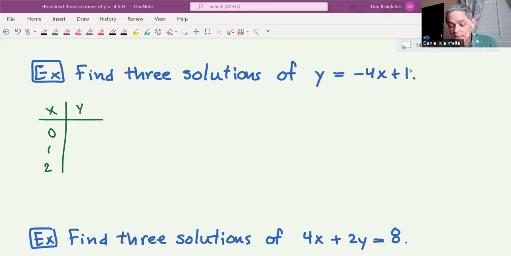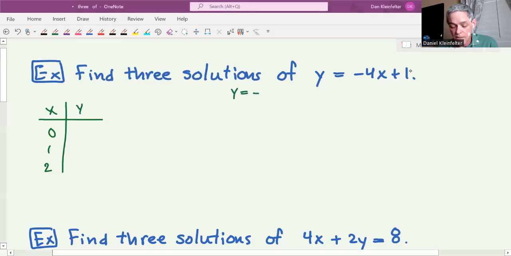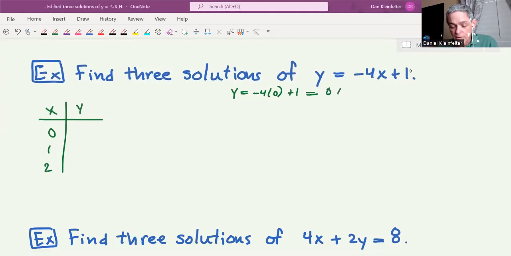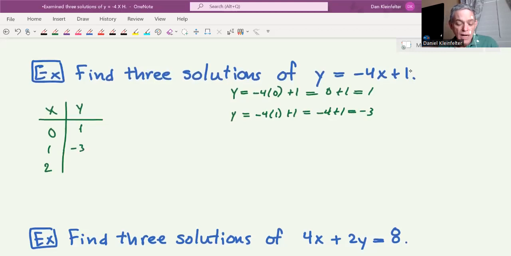So here, when x is 0, we'll have y equals negative 4 times 0 plus 1. That's 0 plus 1, or 1. So when x is 0, y will be 1. When x is 1, we'll have negative 4 times 1 plus 1. That's negative 4 plus 1, or negative 3. And then finally for 2, we'll have negative 4 times 2 plus 1.